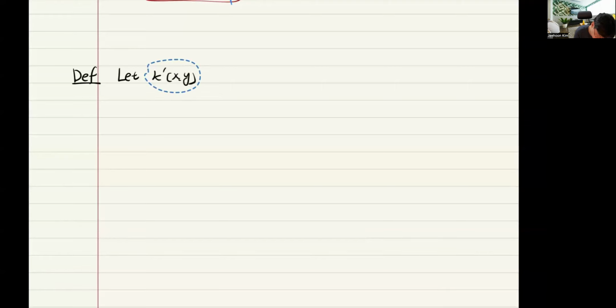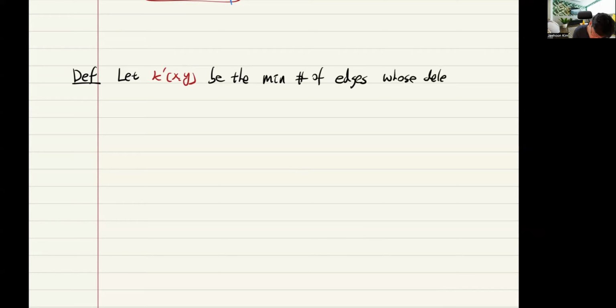for these things. So we define kappa prime xy as the minimum number of edges whose deletion makes y unreachable from x, meaning that there are no paths from x to y.